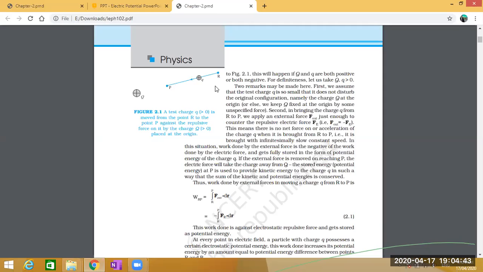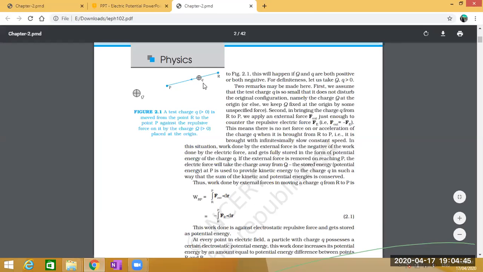So amount of work done while bringing the charge Q from infinity to R and while bringing the charge Q from infinity to P will be different because this charge is away from the source charge. So here will be less repulsive force and here will be more repulsive force.